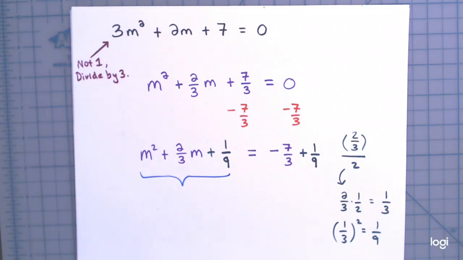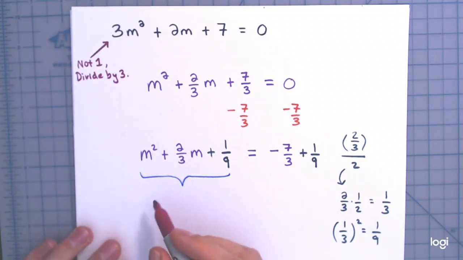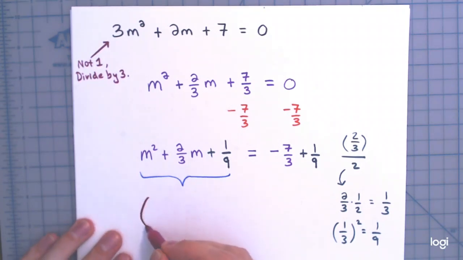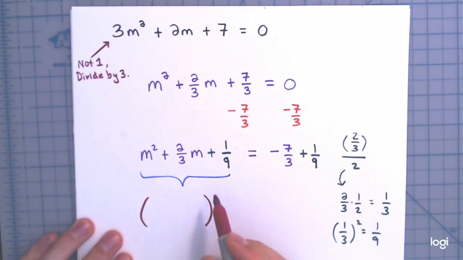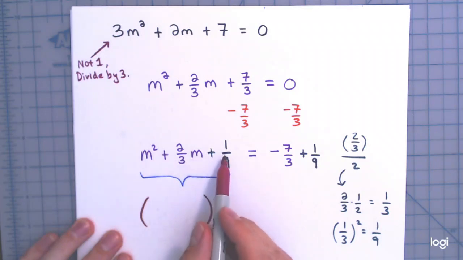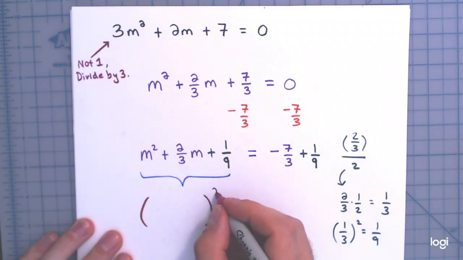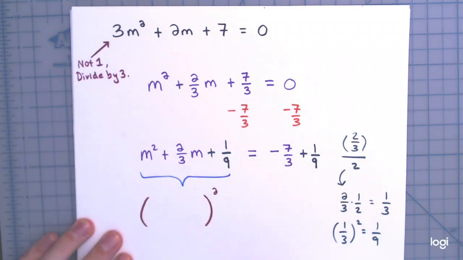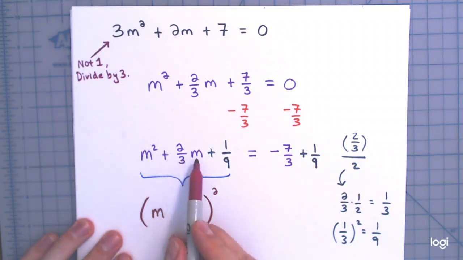It should be able to be factored as the same factor twice. So, what are those factors? Right? So I can write m squared plus 2/3 m plus 1/9 as some expression squared. Remember how this is built, right? The expression is simply the variable for the first term in here, plus whatever half of that number times the first power was.